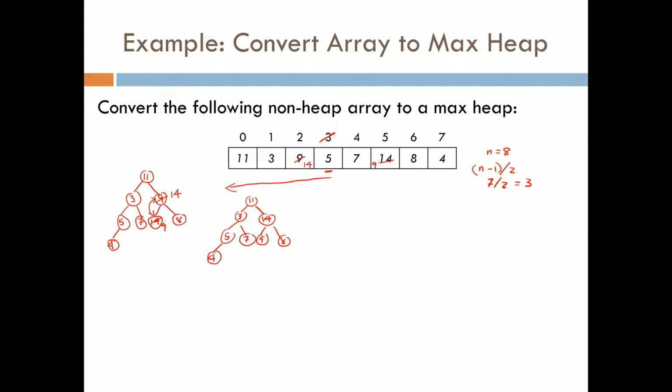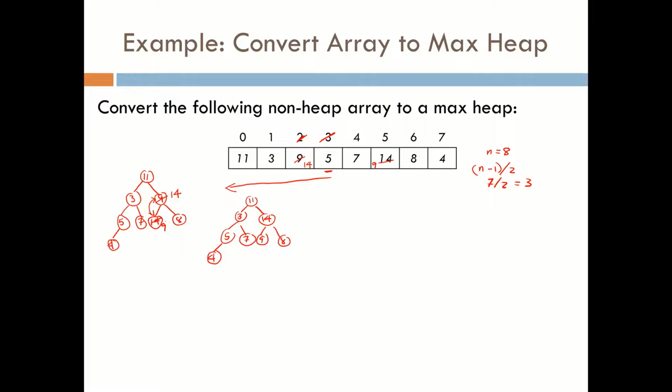And we're continuing to try to heap down the 9. And the 9 is all the way at the leaf, so the heap down terminates. It's only at that point that I've actually done this one, and I will decrement and move towards index position 1.